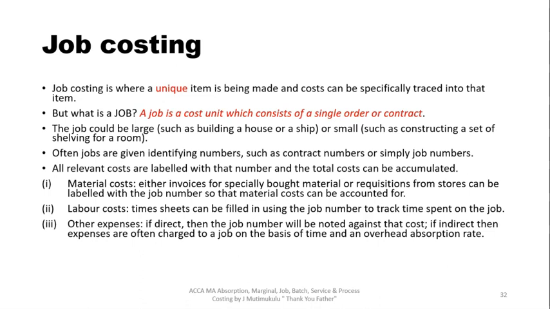It might be, for example, a car service. Usually, a service of a particular car is targeted to that particular car only. No other car is going to have the same number plate, the same features. That's the idea of a job because it is targeted to a particular customer's needs.